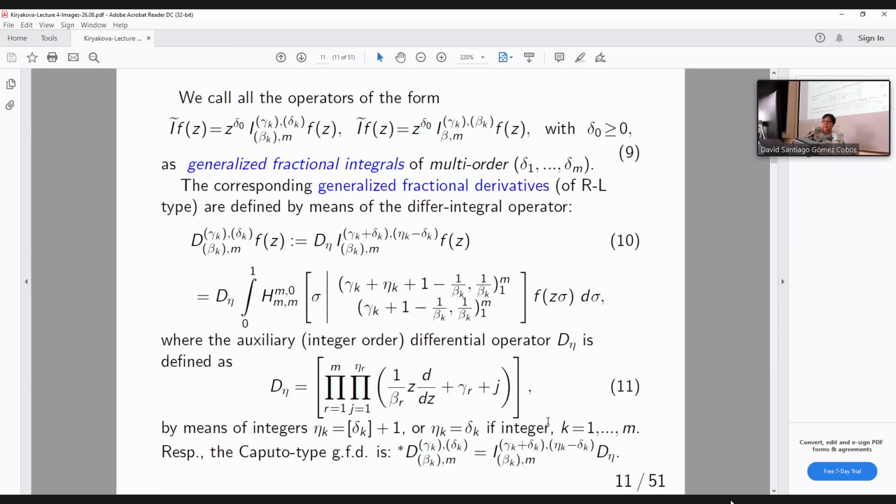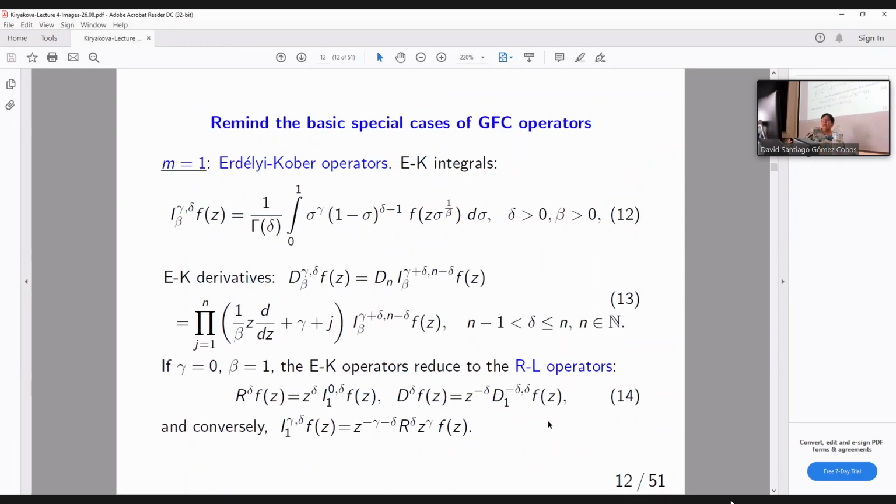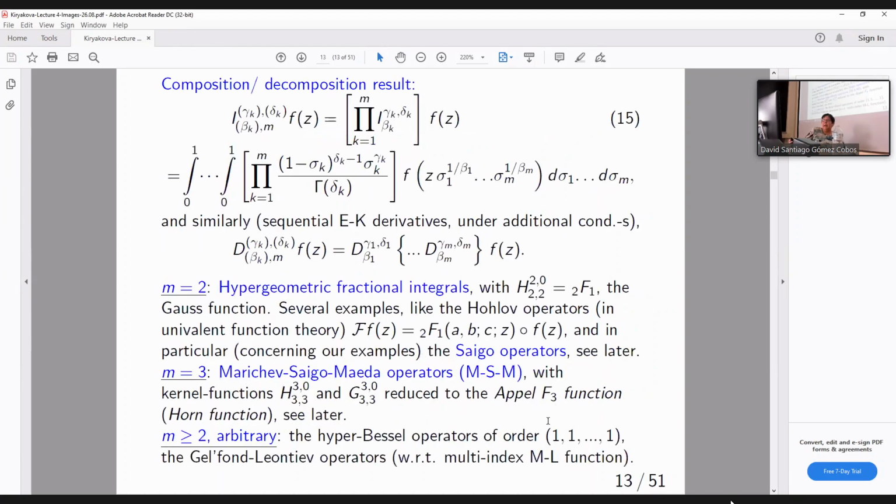For this generalized fractional integral, we gave the definitions of the corresponding generalized fractional derivatives, where an auxiliary differential operator of integer order appears as a polynomial of z, and then we can define Riemann-Liouville and Caputo type derivatives. We need just to remind a few particular cases: when m is equal to 1, these are the Erdős-Kober operators.